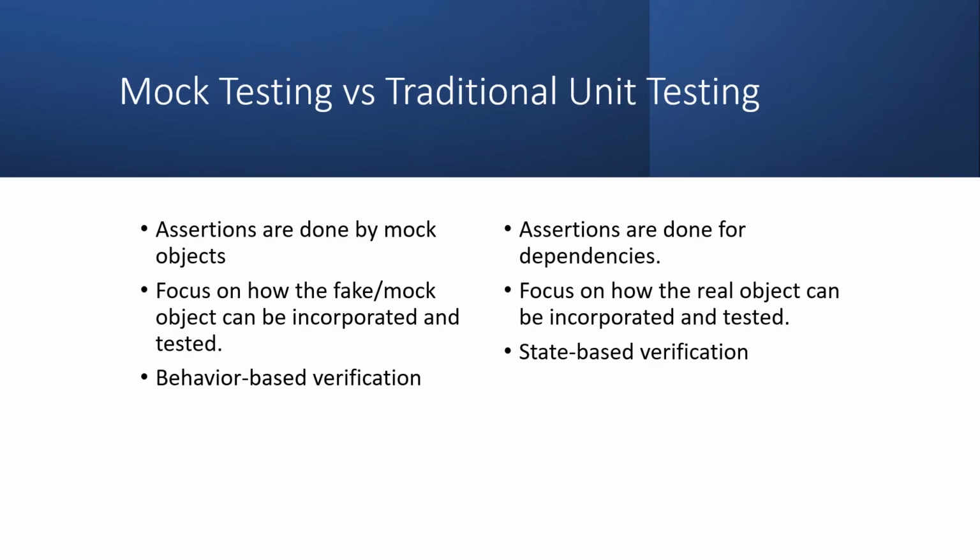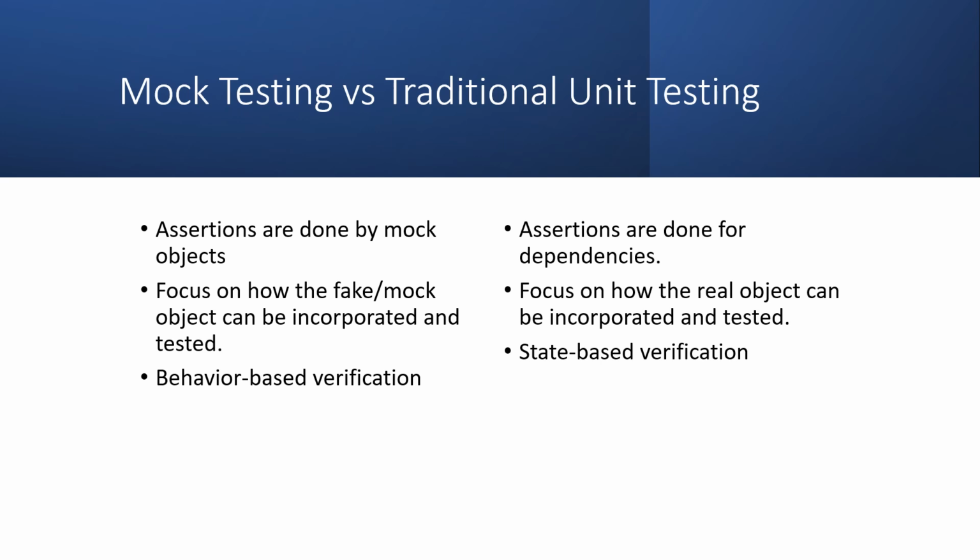Let's see what sets the mock testing apart from the traditional unit testing. In traditional unit testing, unit tests do assertions about states expected of either the system under test or its dependencies. With mock testing, no assertions are required from the unit tests themselves. Assertions are done by the mock objects.